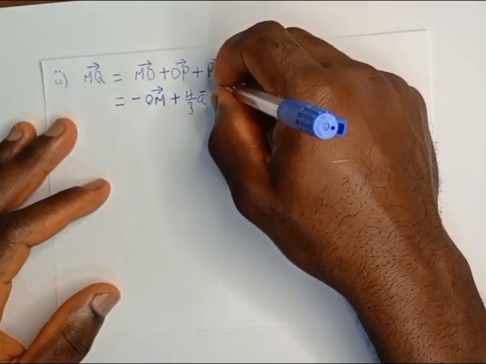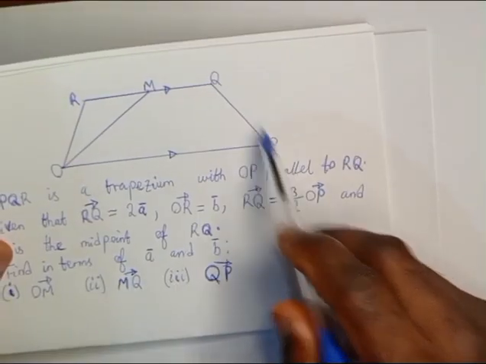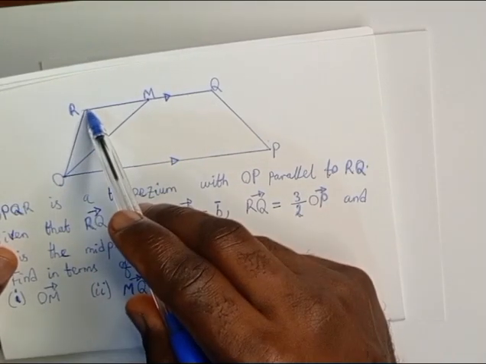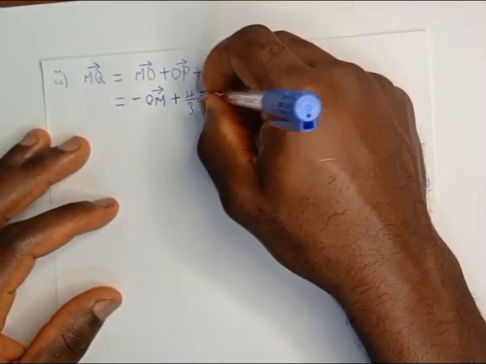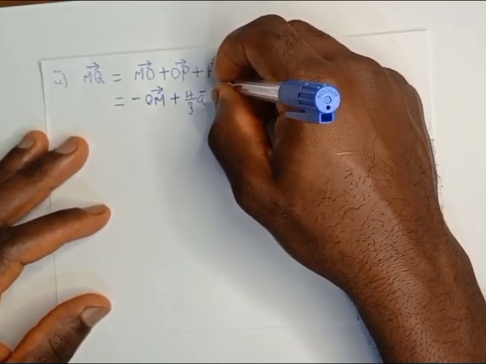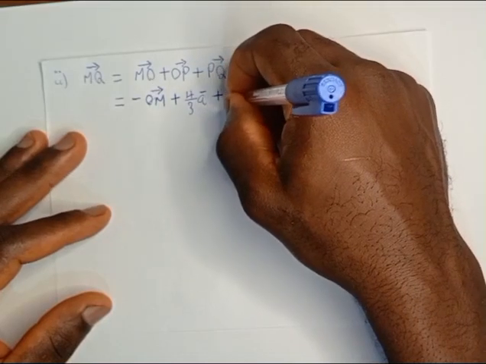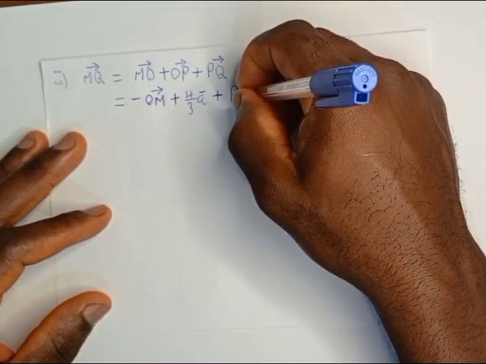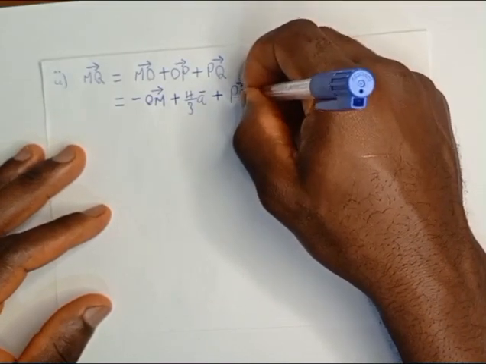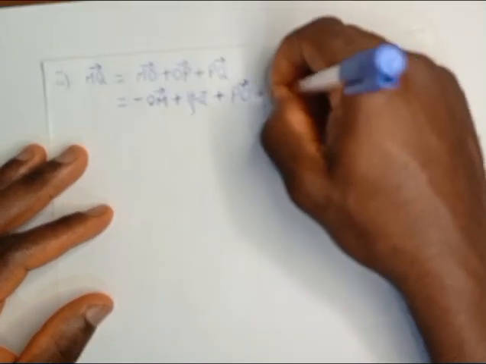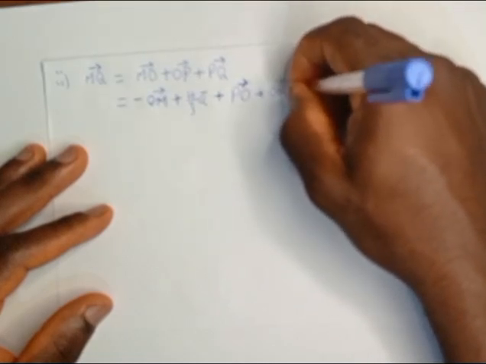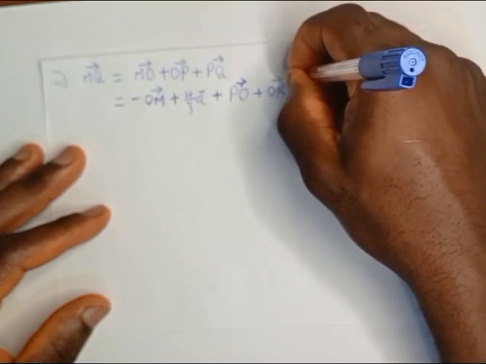PQ vector is the same as going from P to Q, which is the same as P to O, O to R, and R to Q: PO vector plus OR vector plus RQ vector.